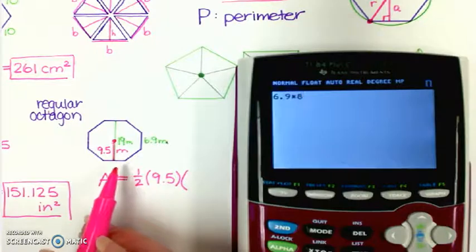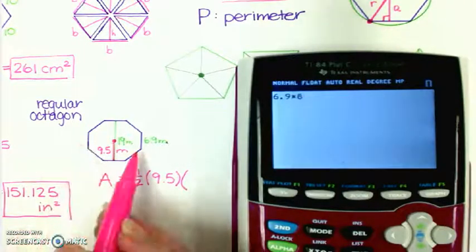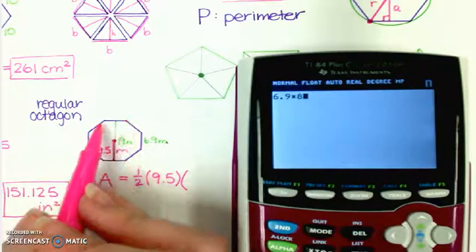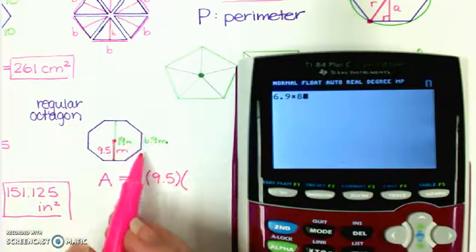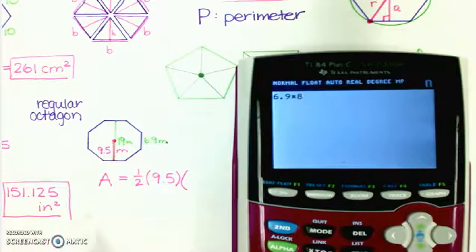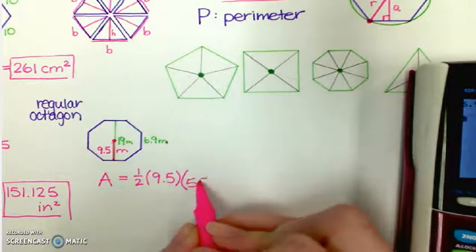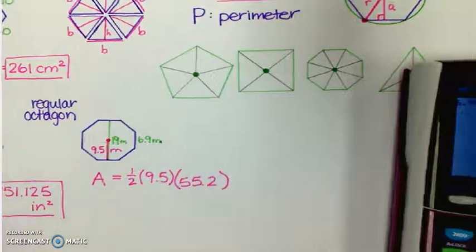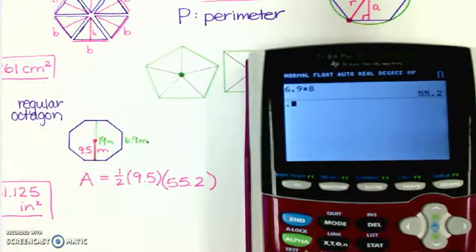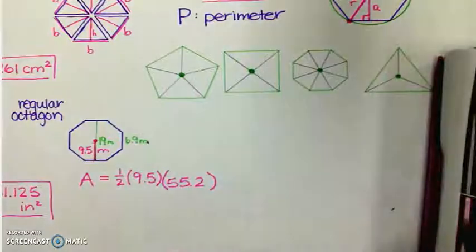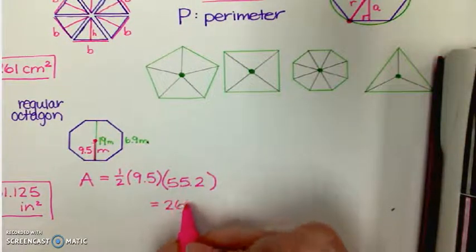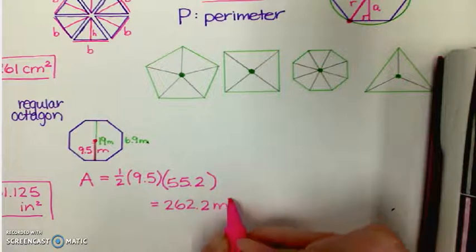But anyway, instead of saying P, they would say S times N. That just means the length of this side times the number of sides. I think you can figure that out on your own. So the perimeter of this octagon is 55.2. So the total area is 262.2. And that would be in square meters.